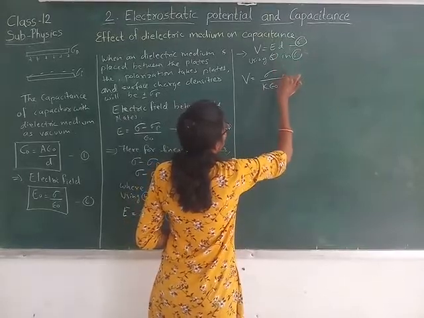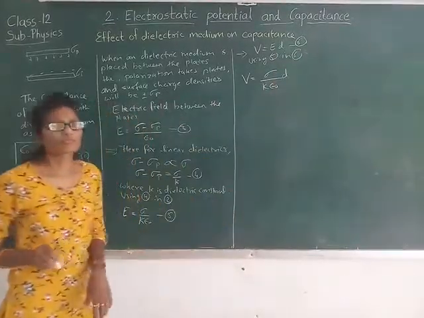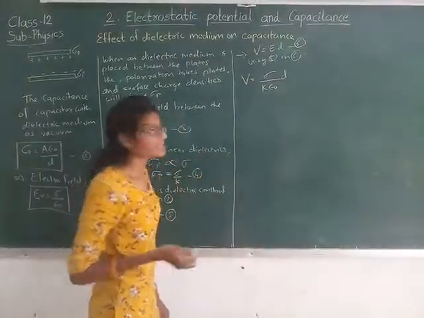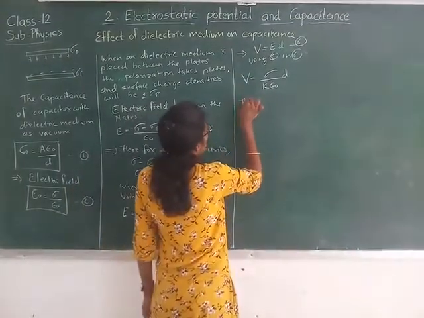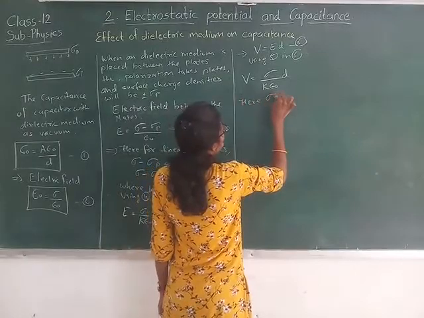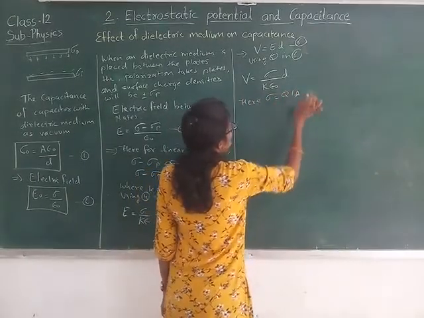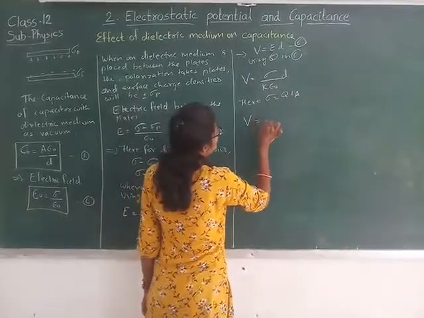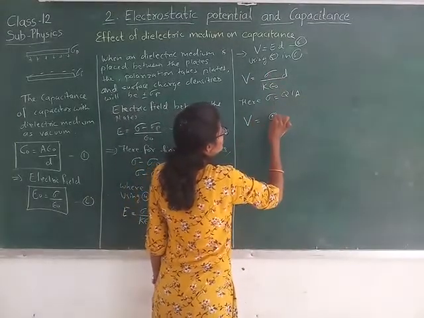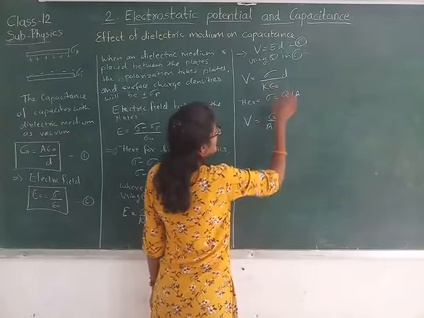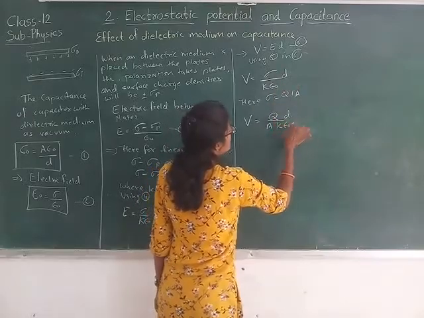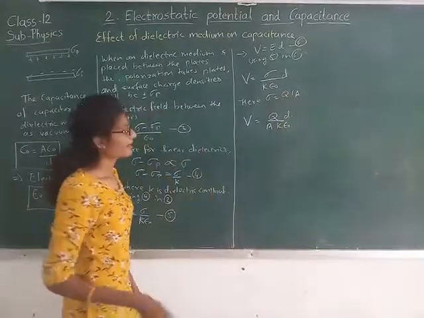Here sigma is the surface charge density, which equals Q by A. So we can write V equals Q by A, D upon k epsilon 0, right?